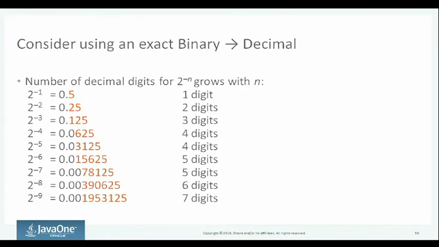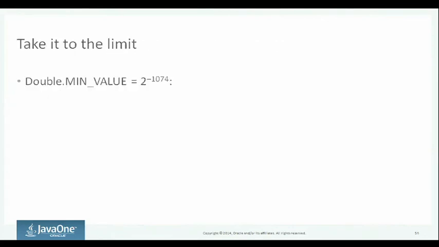Now, what would happen in practice if we wanted to use this exact decimal representation of the floating point fraction? If there's an exact representation, maybe we should try to use it. Let's start looking at what happens when we convert negative powers of 2 to decimal. 1/2, that's looking okay. But this is starting to get kind of long. So the smallest number we have in double is 2 to the minus 1074. Let's look at what the exact decimal representation of that looks like.